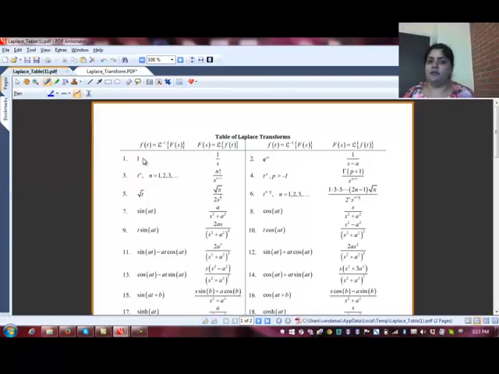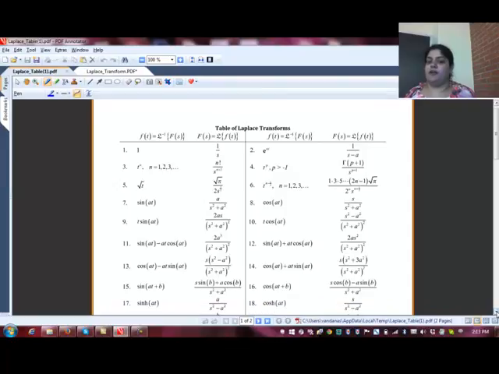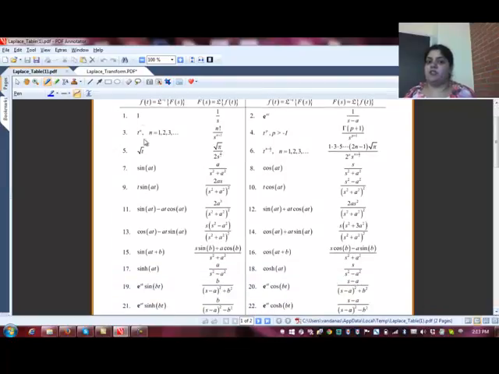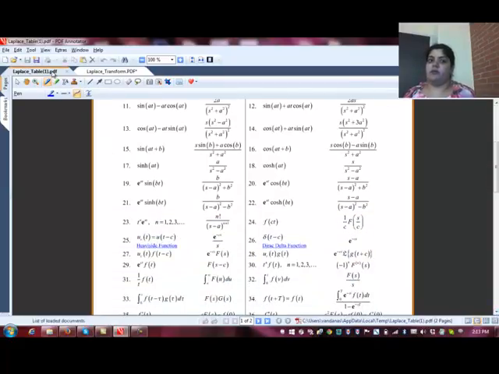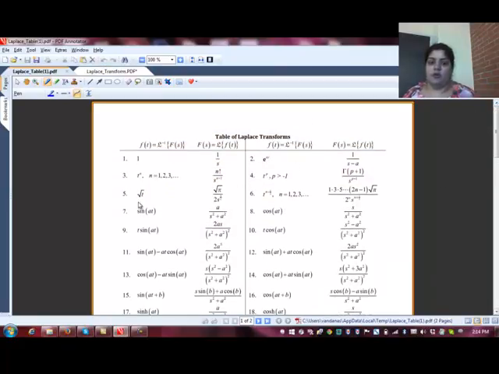So here is a table which I will provide you in the exam on Friday, and it has some functions and their Laplace transforms. This will be on the blackboard also for your reference. Now here you can see, for x, if you want to find the Laplace transform, e to the ax is 1 over s minus a, and for x, maybe this one is working, so you can take n to be 1.